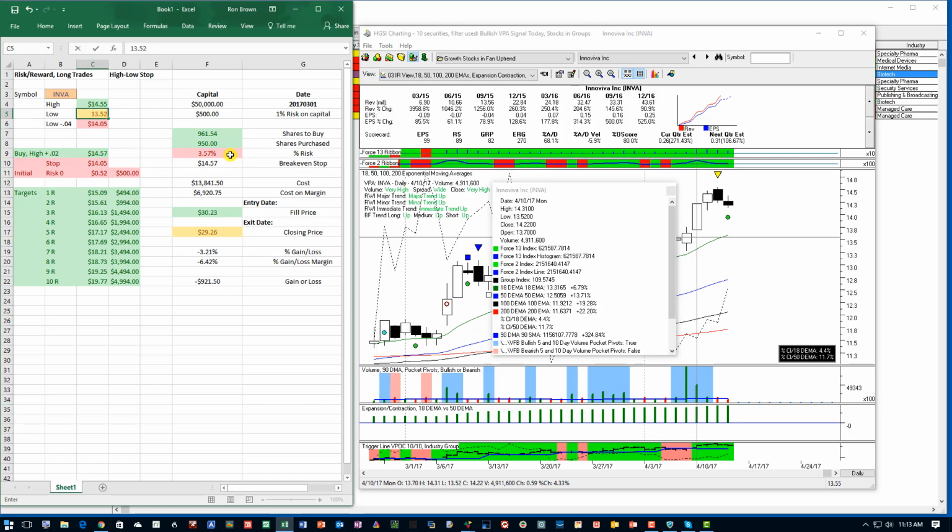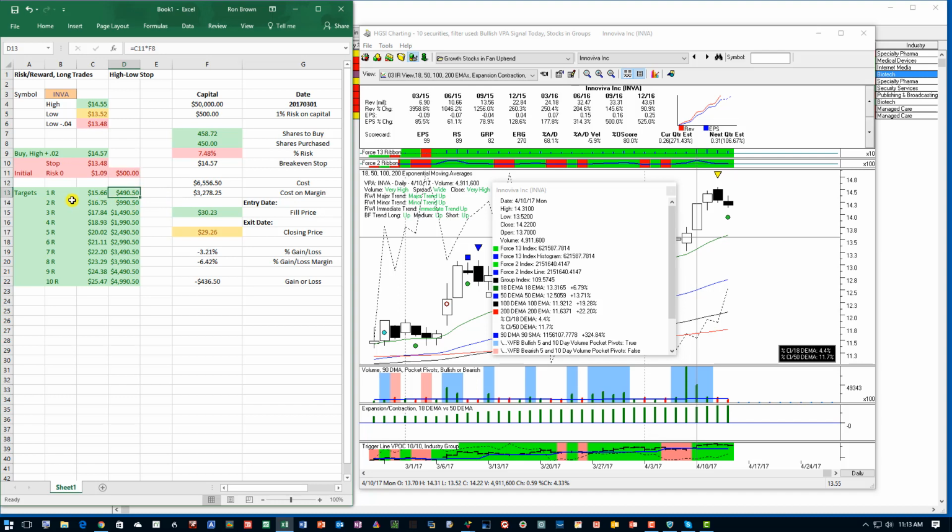And if I hit enter, watch this number here. You can see that it goes from 3.57% risk to 7.48% risk. Now, I'm still only going to risk $500, but for that reason, I go from 950 shares, I can only buy 458.72. So if I make this 450, you can see that that position sizes for me, and I maintain my original risk.